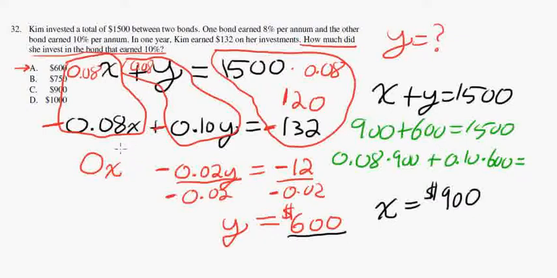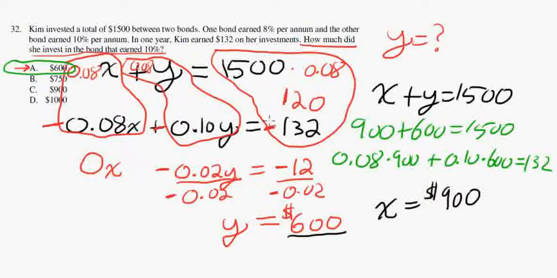That's what our second equation stated. Let's do that quickly. 0.08 times 900 plus 0.1 times 600 equals 132. So the answer of our y investment being $600 is correct. Given that we checked both equations and it works for both, it must be good.